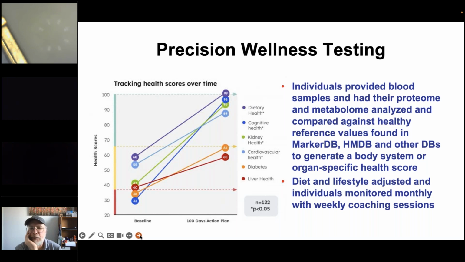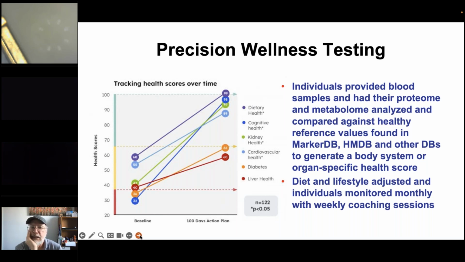This is data from Molecular You, where they used a combination of both proteomics and metabolomics to first characterize a person's general health score, and then put them onto a 3-month action plan where they had to improve or modify their diets and their activity. Then they looked at how they performed 3 months later in terms of their overall health score.